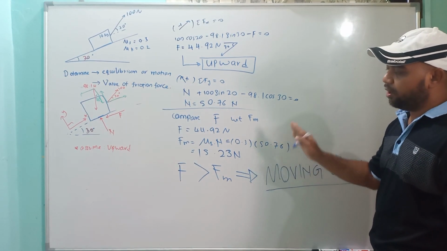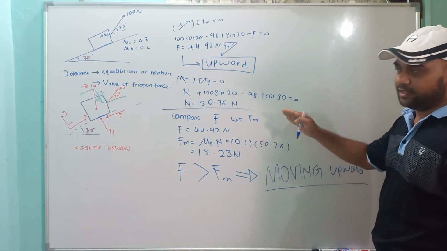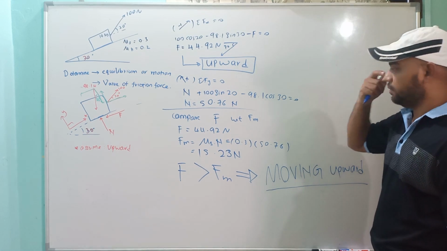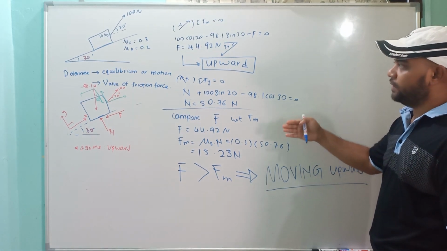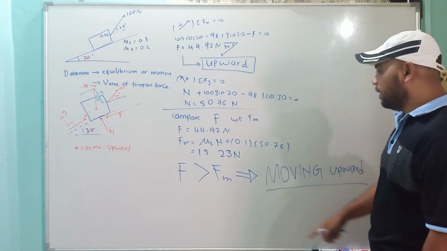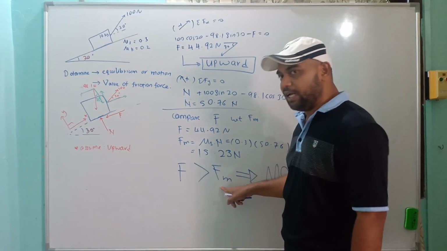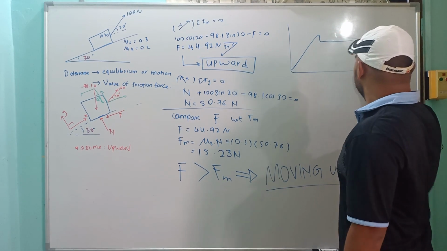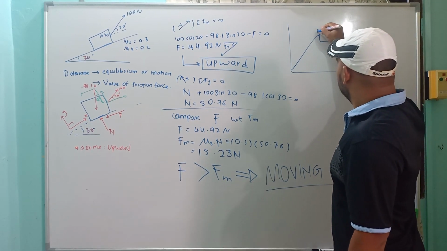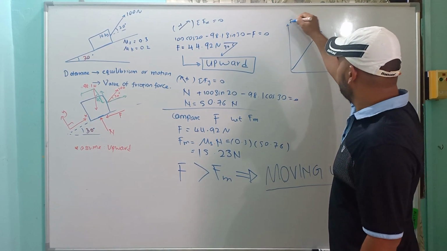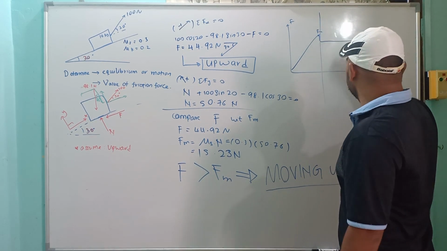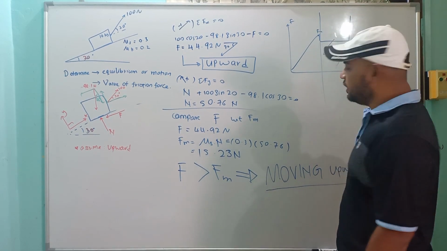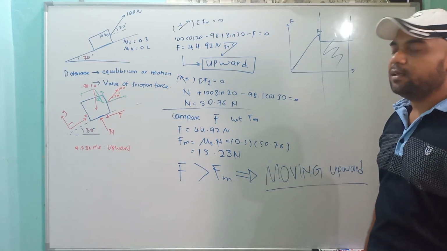If F is lower than or equal to Fm, the component is static, and the value of friction is the same as what we have already calculated. But now F is bigger than Fm, meaning that in your graph, this is Fm and F is bigger than this one, so it is in this region. So it is already moving.